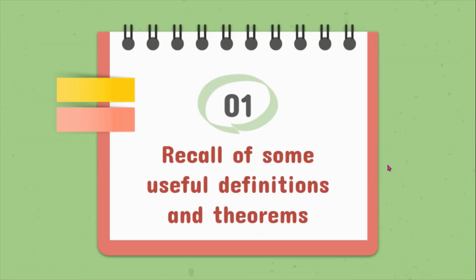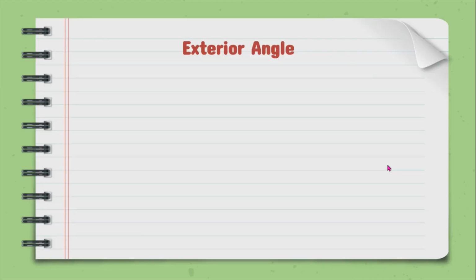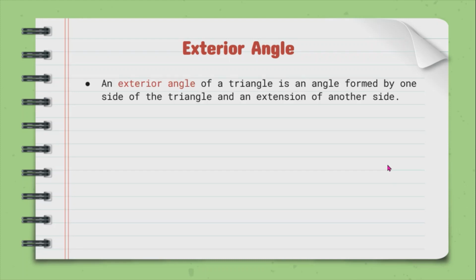So let's recall some of the useful definitions and theorems. The first one is the exterior angle. An exterior angle of a triangle is an angle formed by one side of the triangle and an extension of another side.